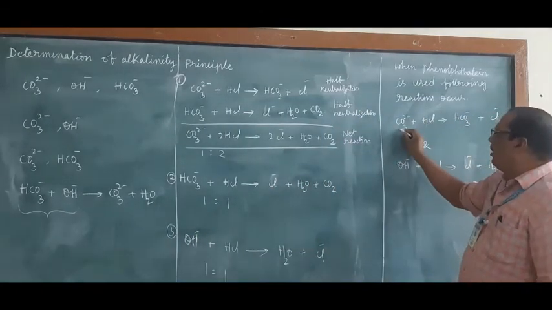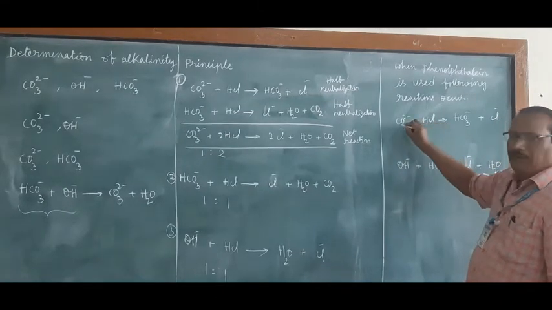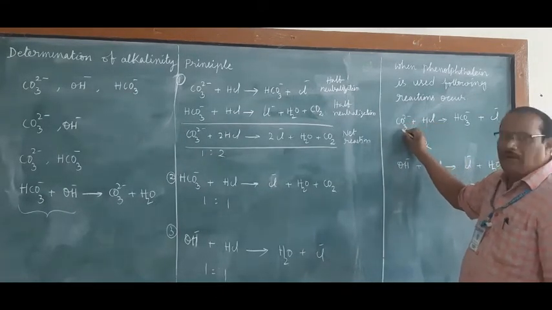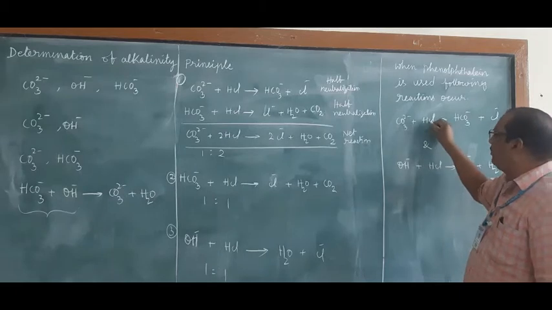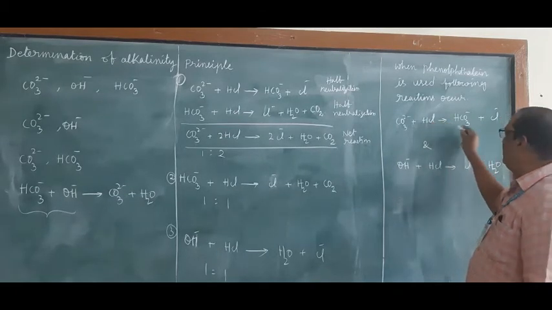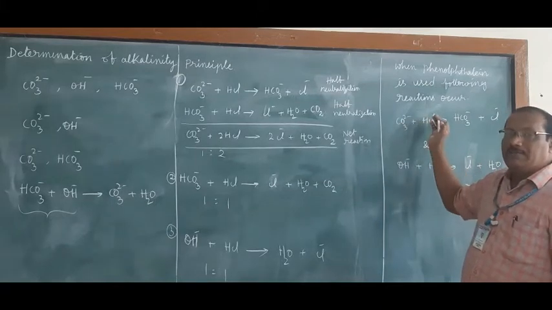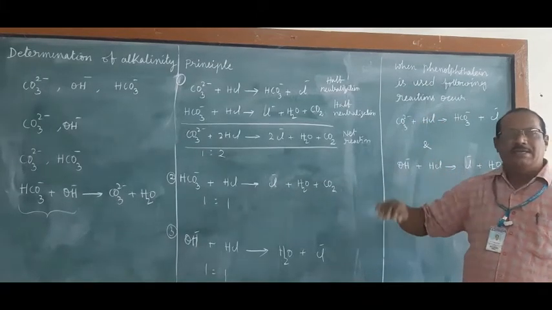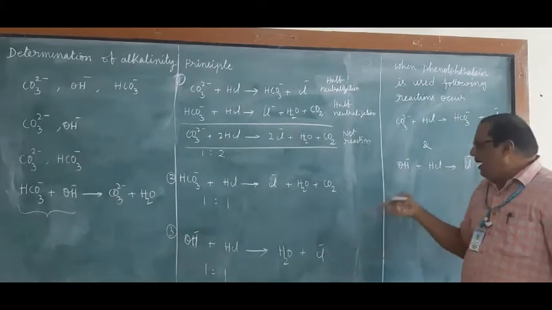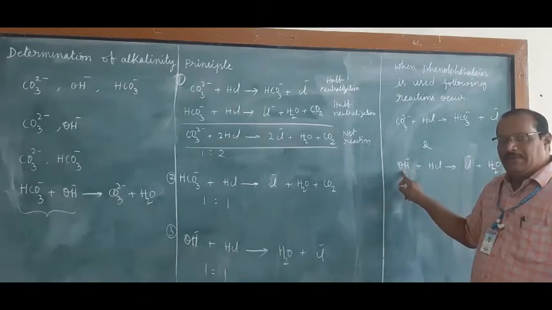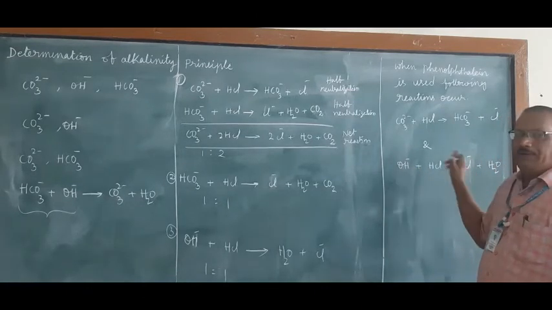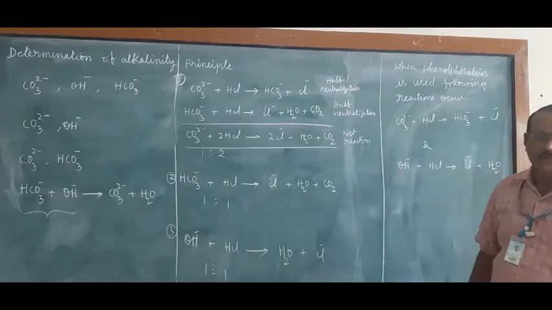Half neutralization of carbonate: carbonate reacts with 1 mole of HCl, forms bicarbonate and chloride. After the completion of this reaction, phenolphthalein changes its color. If hydroxide is also there in the given water sample, that also undergoes neutralization when phenolphthalein is used.